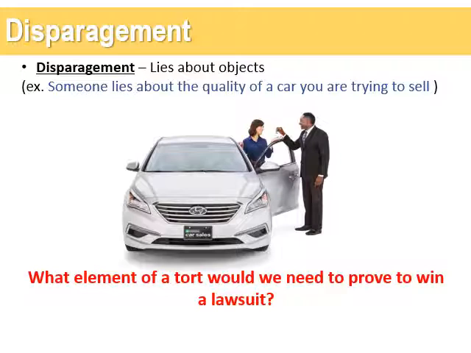It's in decent shape, I'm making no false claims about it, but this person comes along and tells the potential buyer the car is a junker. Well, the person has committed disparagement. They lied about the object, and because of that, I couldn't sell the car. I lost money in this setup. So I could sue the person that lied about my car for disparagement.